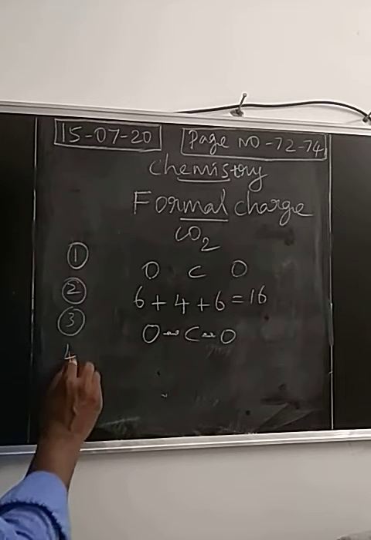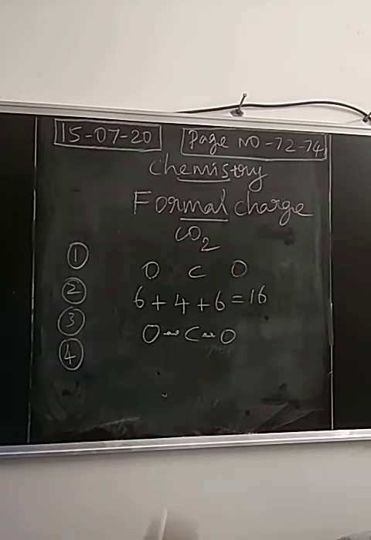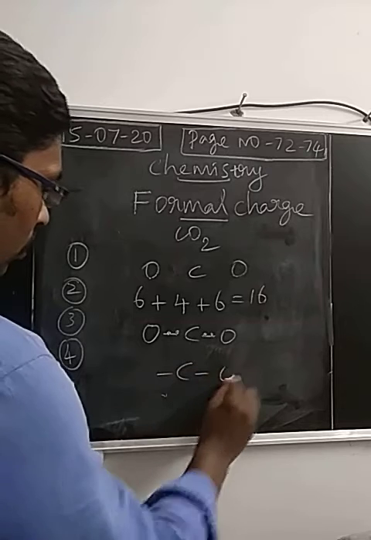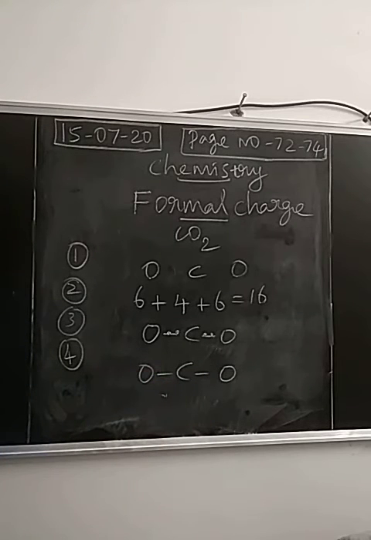12 electrons. Right? So in step number 4, the remaining electrons will be placed as lone pairs of electrons on the more electronegative atom. We have carbon as well as oxygen. Comparatively, oxygen has more electronegativity.